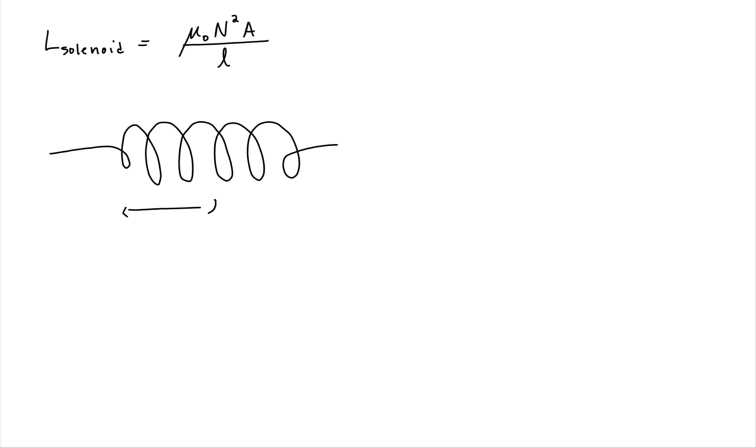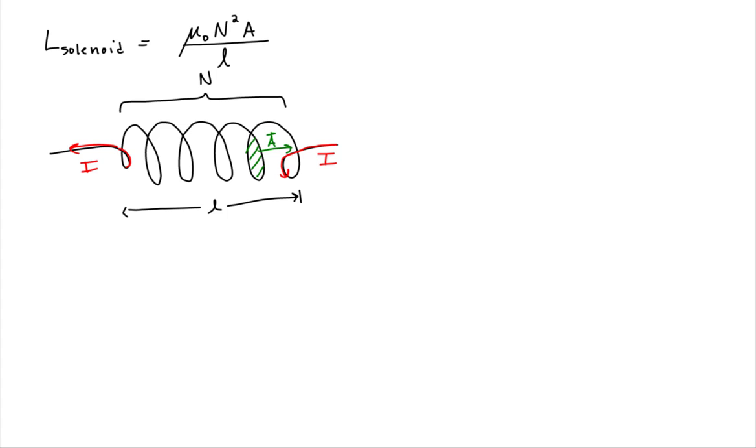So this solenoid has length L. The area of each loop is A, and I'll indicate the area vector pointing to the right. This inductor has N number of loops, and it has a current circulating from right to left.